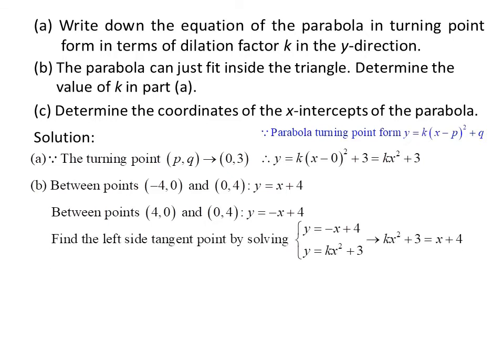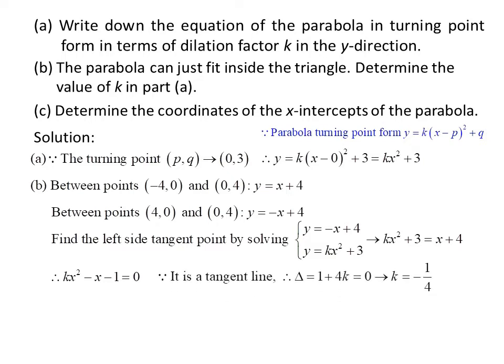In order to find the value of k, we need to solve these 2 simultaneous equations. One of them is the line equation, the other is the parabola equation. After the replacement of y, it becomes a quadratic equation. Since the line is a tangent line, the quadratic equation has only one root. Therefore, its discriminant should be 0.